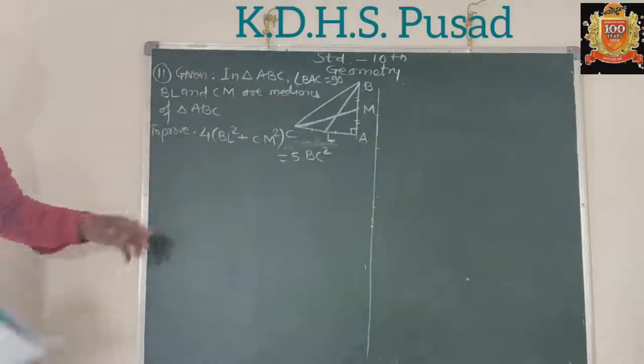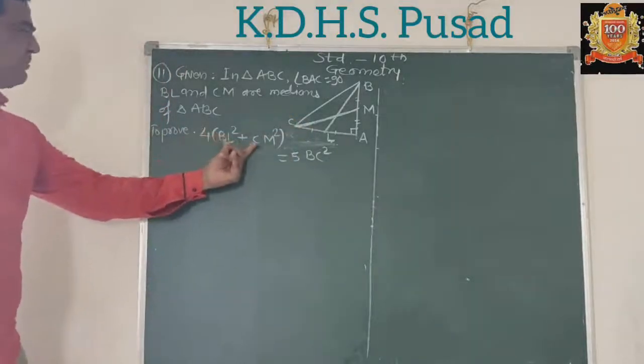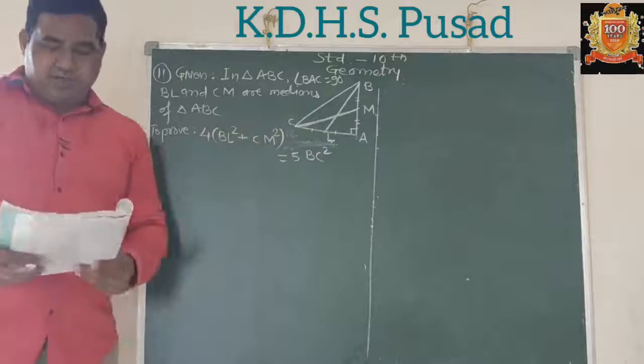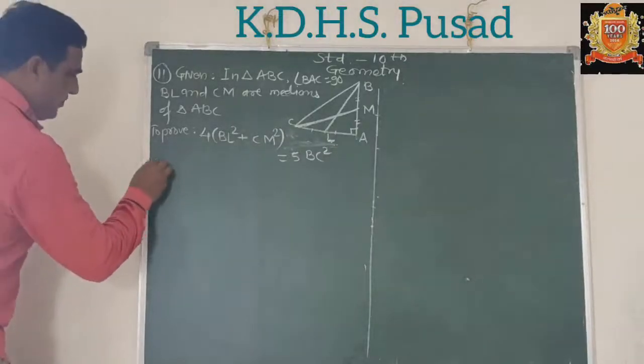That is, 4 times (BL square plus CM square) is equal to 5 times BC square. Now let's start the proof one by one. Proof.